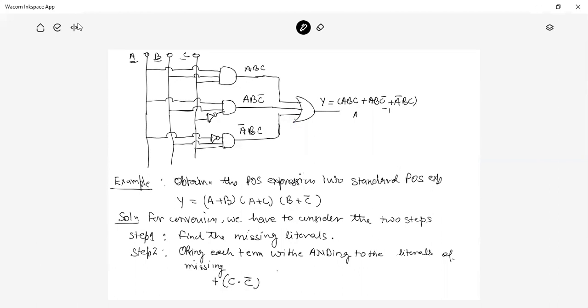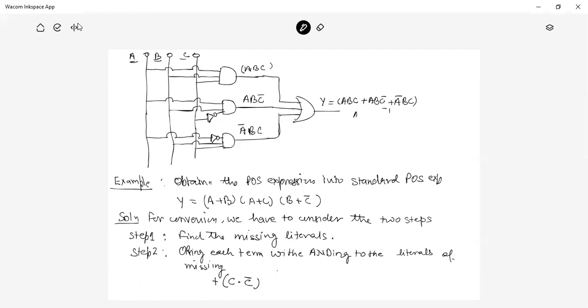We take this one as A, B, C. Here it is taken A, here it is B, and here it is C. Now, if you have the C bar, this line is C, so C is connected with a NOT, and this is the C bar.